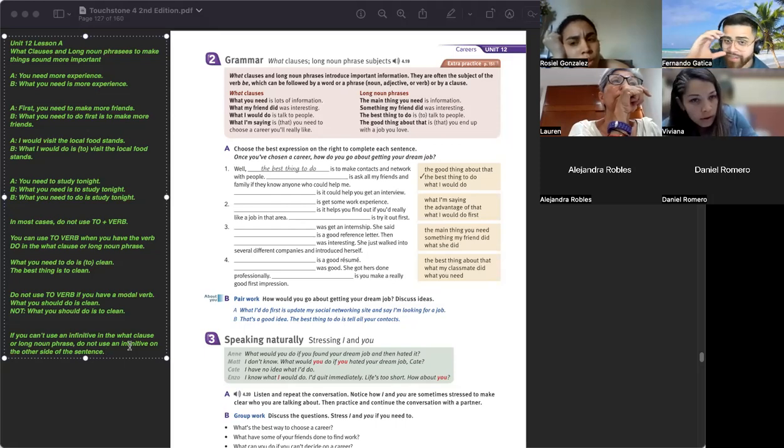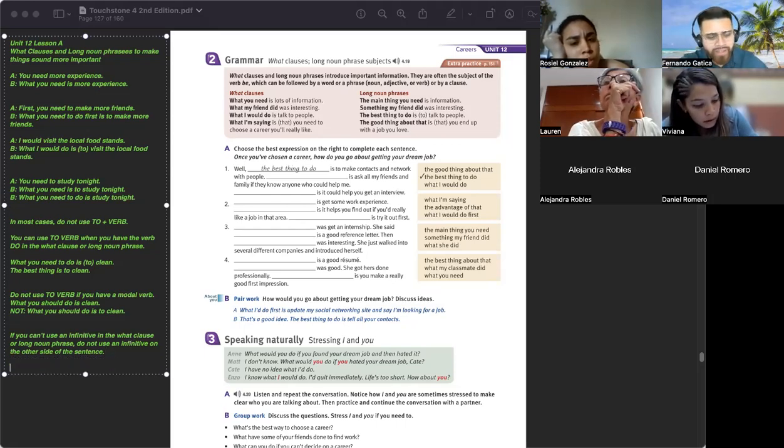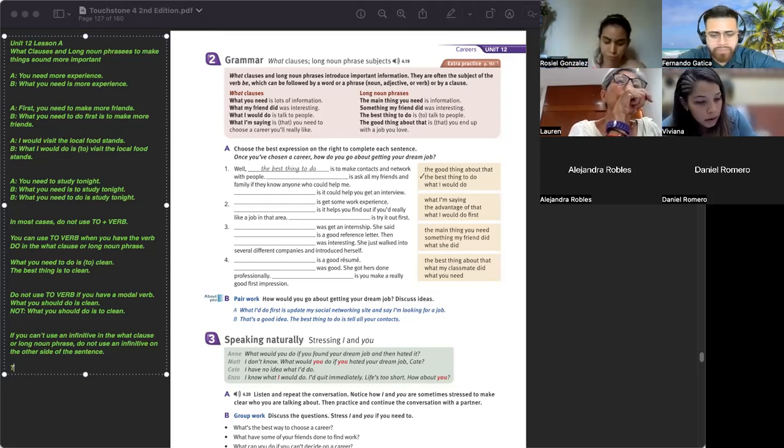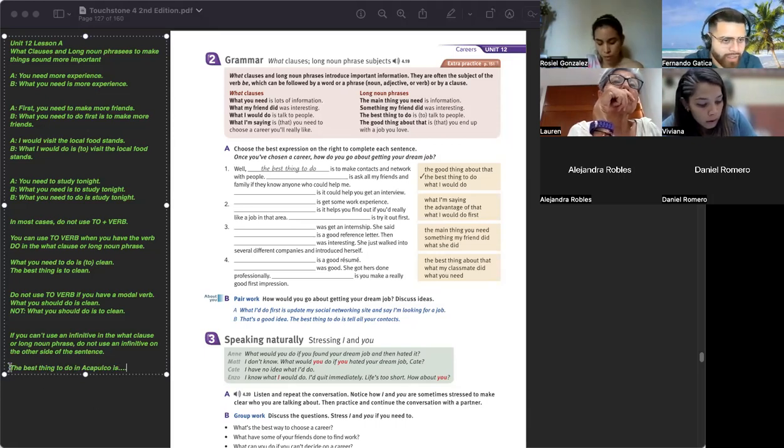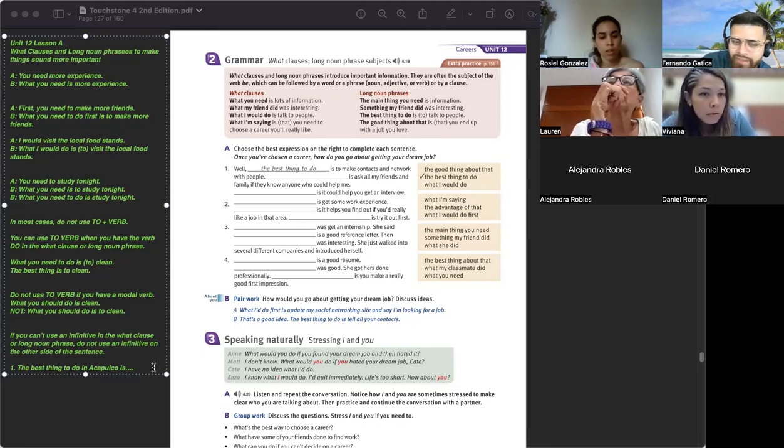So now let's practice that. In this long noun phrase, the best thing to do in Acapulco is, can I use an infinitive for whatever I'm about to say?